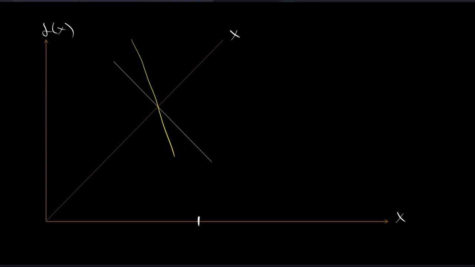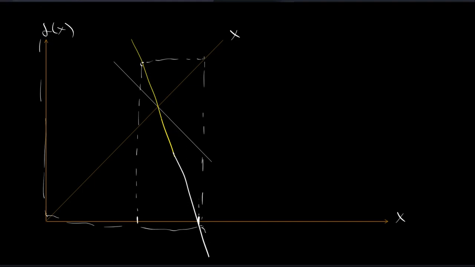This guy, if we actually try to cobweb it, first let's pick a point over here. Then we go over here. Boom, we hit this function. And then over here, if we extend this, we would hit somewhere here. And then we would have to hit the x function again. So we would go ahead and hit somewhere there.